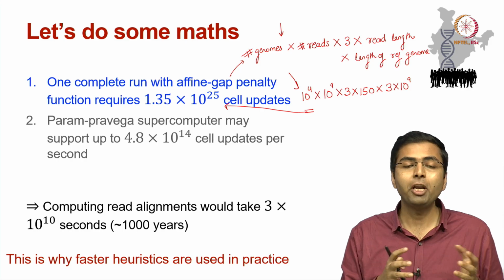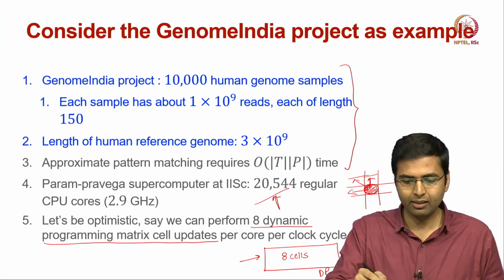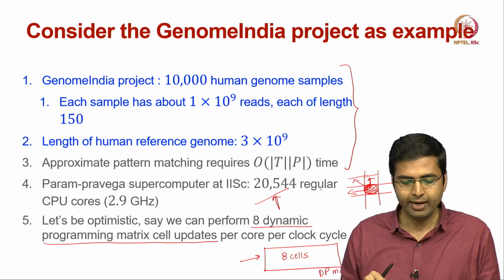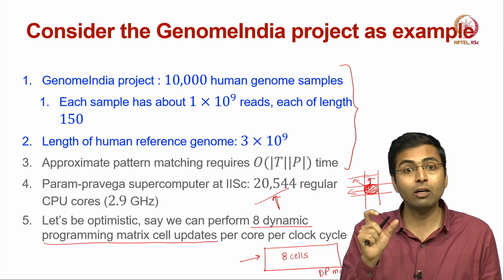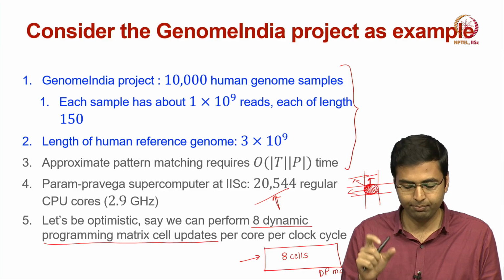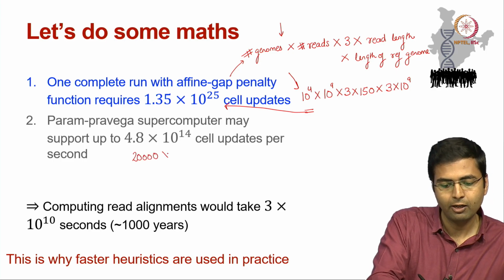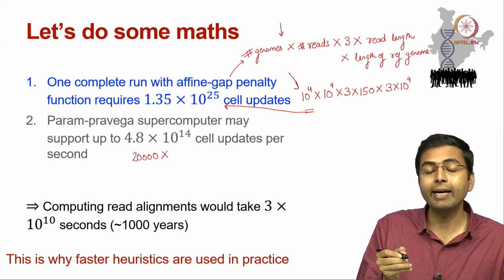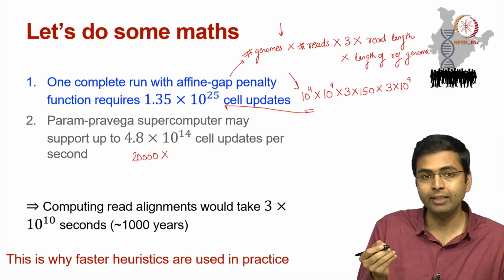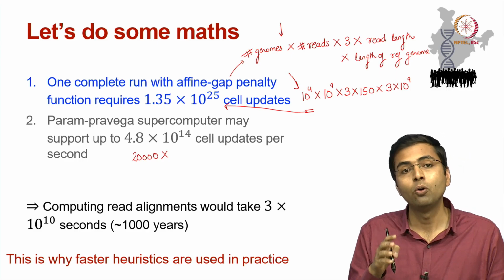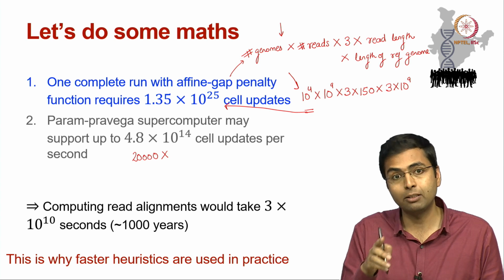Now, on a supercomputing machine, if you look at the number of cores we have and the number of cell updates we can do per clock cycle per core, then as I said, roughly we had 20,000 cores. Each of these cores is running at 2.9 gigahertz frequency, which means that it can do 2.9 billion cycles per second.